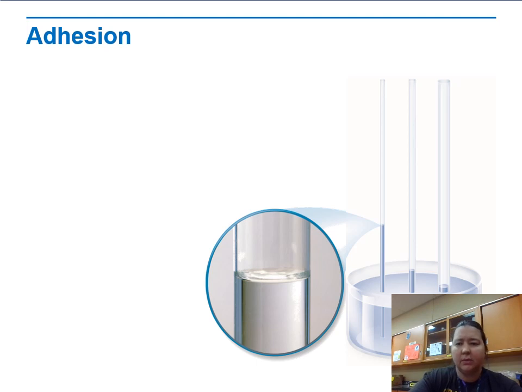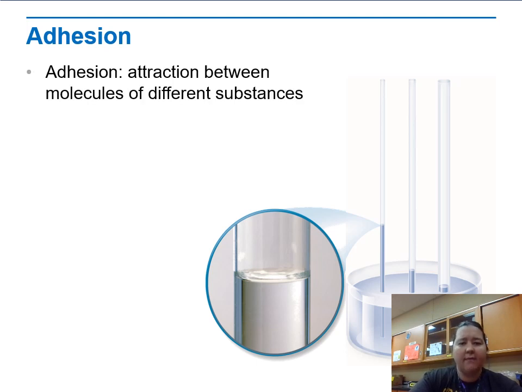Adhesion is a little bit different, where we have the attraction of molecules of different substance. So in this case, we end up having adhesion. Whoops, change color. Okay, adhesion is where the water is actually kind of traveling up the glass.